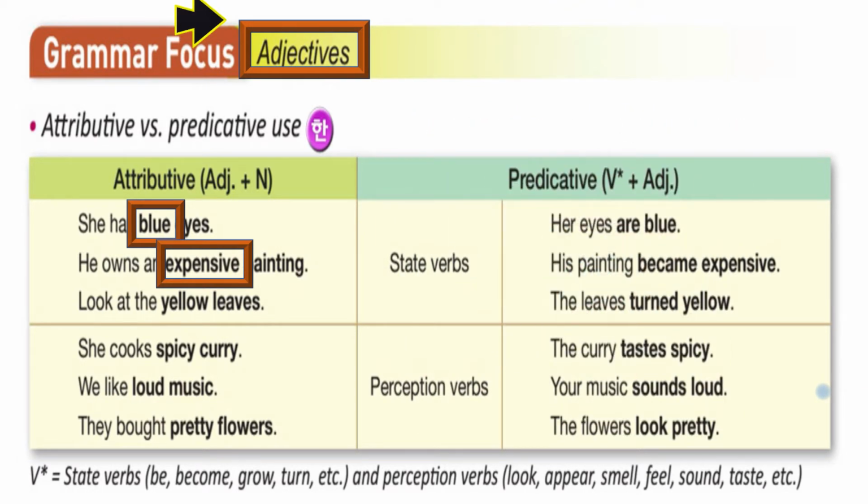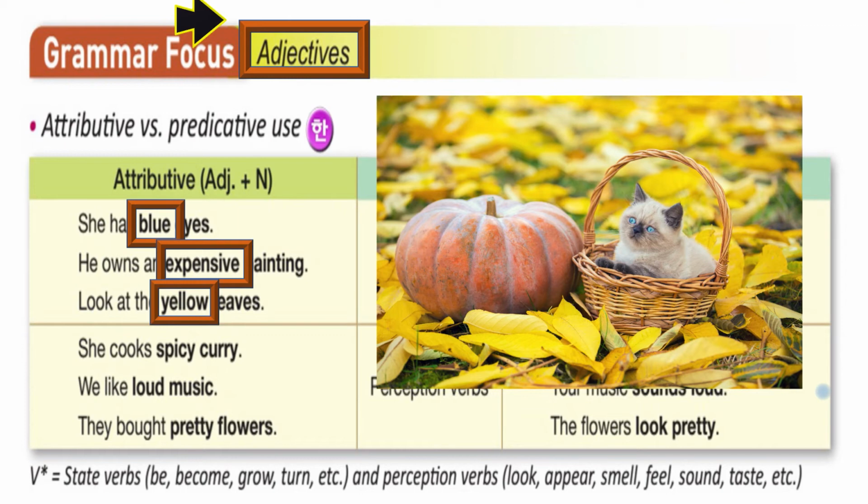Also, it says here, look at the yellow leaves. The leaves are yellow because it is autumn, and so they have changed from green to yellow. In autumn, leaves become yellow or red or brown from green during the summer. Yeah. And look at that lovely Siamese cat.